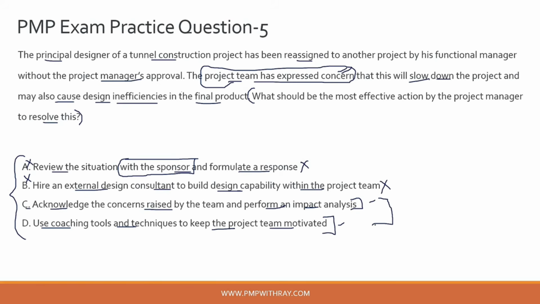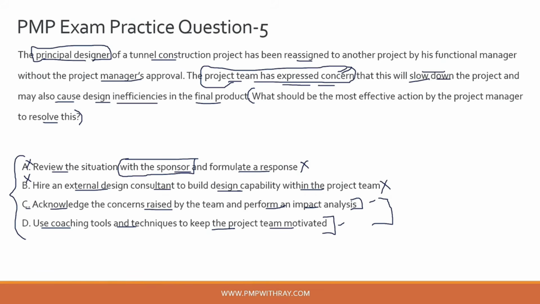What is the problem you are trying to solve in this question? Are you trying to resolve the concerns of your project team, or are you doing an impact analysis of this change where the principal designer has left your project team? Which is the problem you are trying to solve, guys? Tell me honestly. Of course, it is the issue that your team is concerned, right?